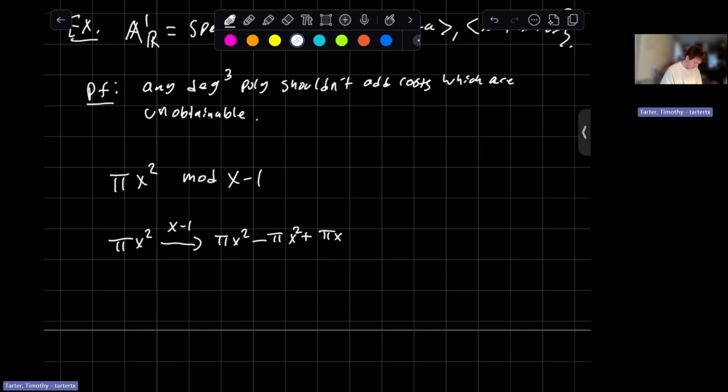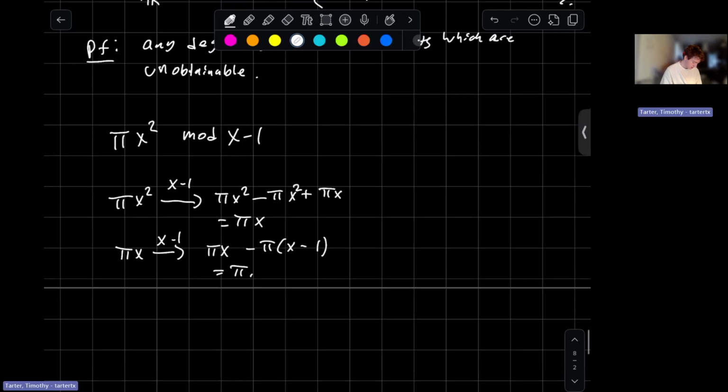This goes to pi x, and then pi x reduces by x minus 1, pi x minus pi (x minus 1), which reduces to pi.